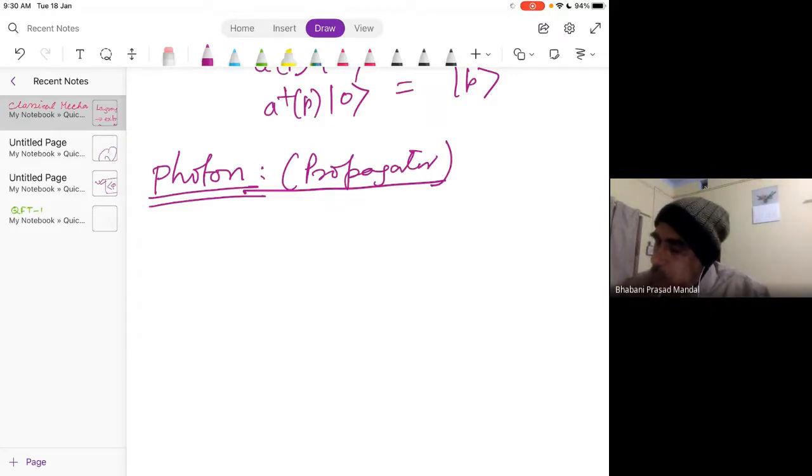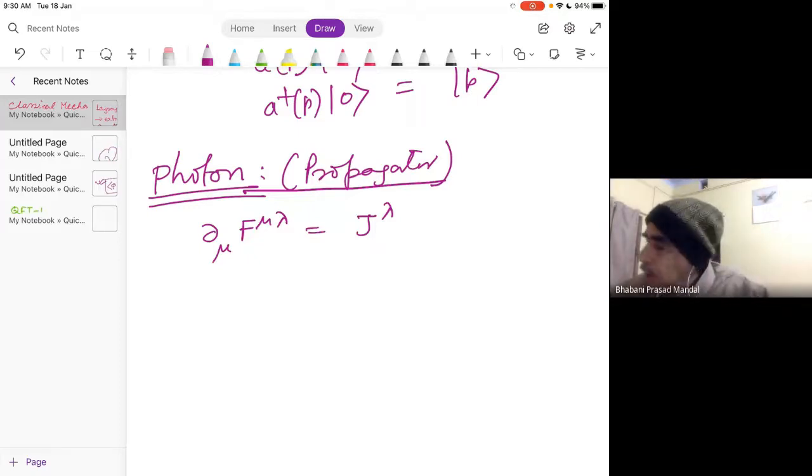To calculate the photon propagator, we have to start from the Maxwell equations. So let me write the Maxwell equations, which you have all calculated in the presence of a source. These are two of the non-homogeneous Maxwell equations. Let us start with this, the Maxwell equation you are all familiar with.